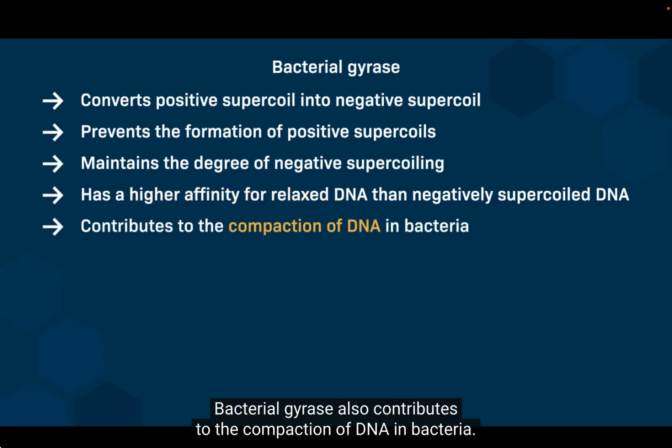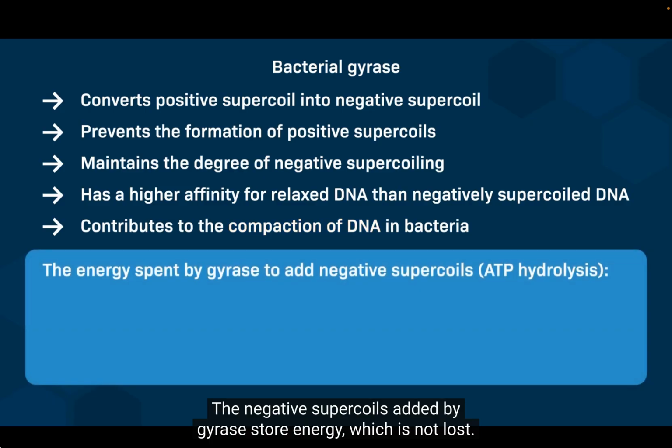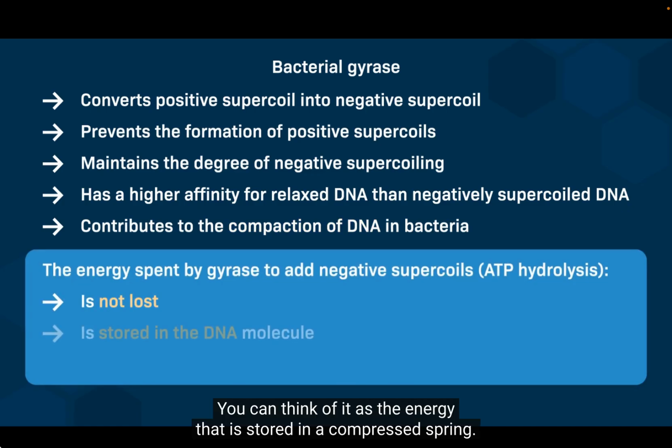Bacterial gyrase also contributes to the compaction of DNA in bacteria. The negative supercoils added by gyrase store energy, which is not lost. You can think of it as the energy that is stored in a compressed spring.